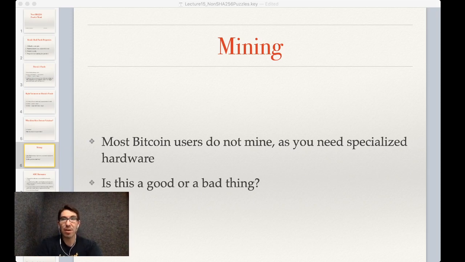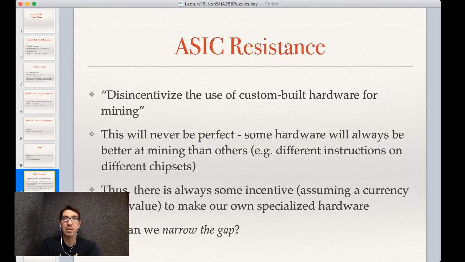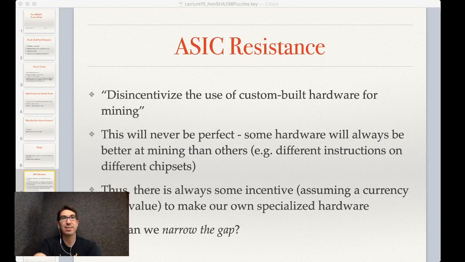You can definitely argue in some ways that it is a good thing, but many people see this as a problem. It's not really decentralizing the network, because you have certain groups that perhaps own a large percentage of the mining power. And so one way to solve this is to fight against ASICs. So we have this concept of ASIC resistant proof of work.